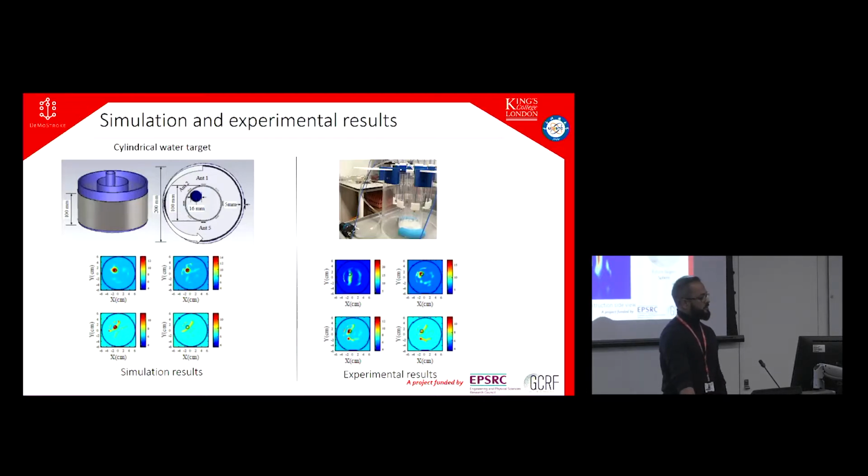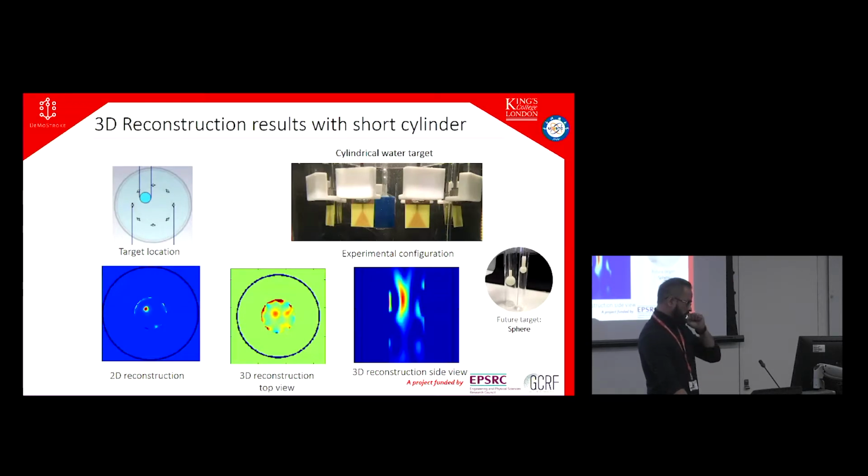Here is the 3D reconstruction, which is a slightly different algorithm, but we have the same setup to acquire the data, and we applied 2D and 3D reconstruction algorithms for a short cylinder, which is not fully vertically aligned with the material.